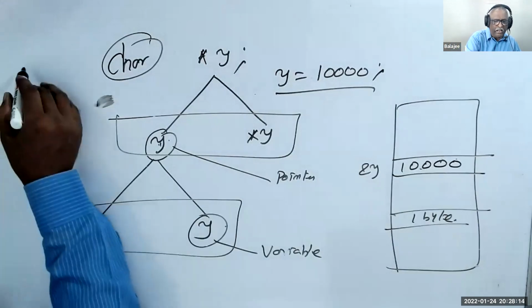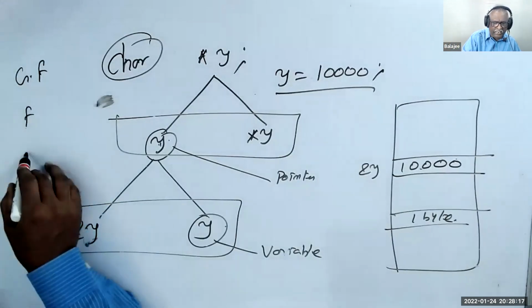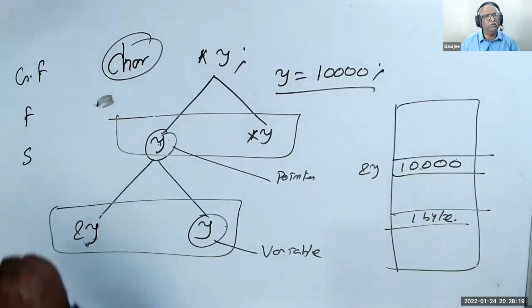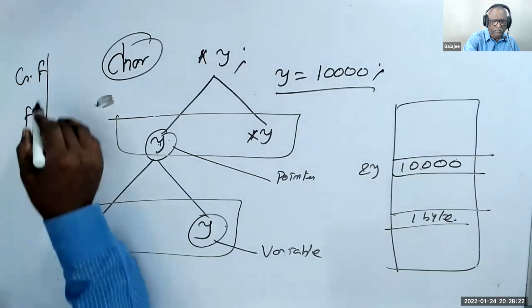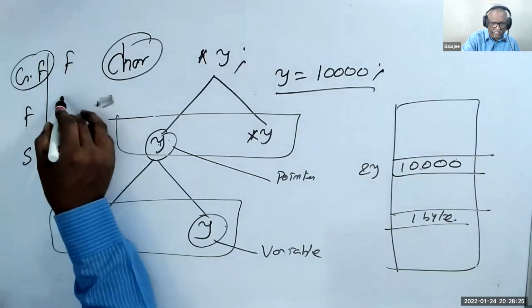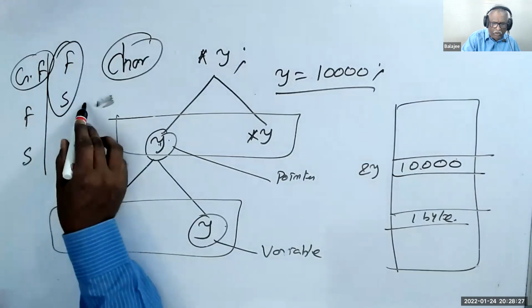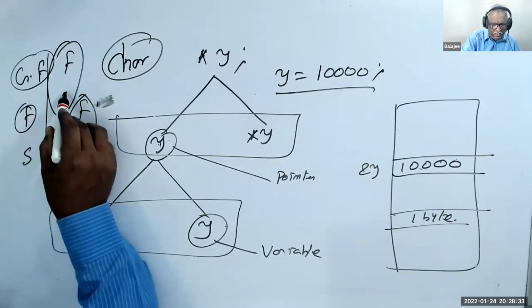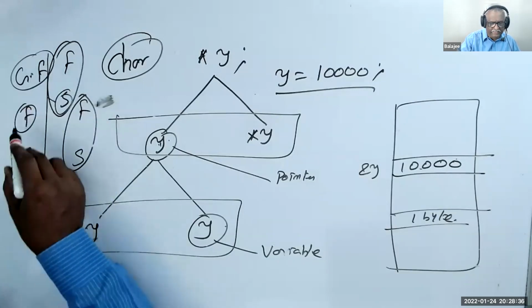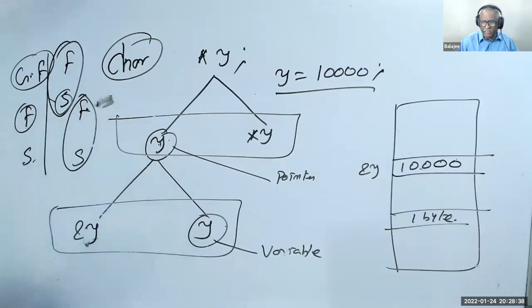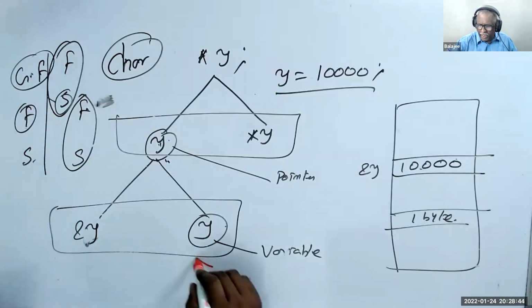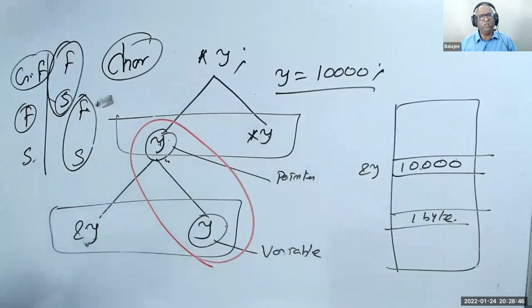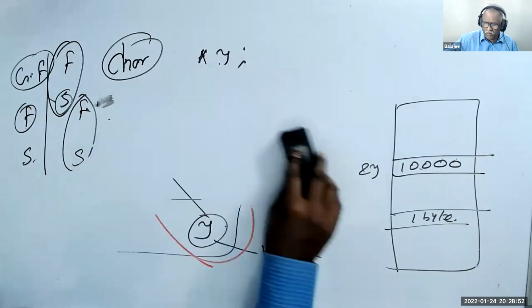Like grandfather, father, son. There were 3 people, but actually there are 4 relations. He is a father and he is a son, one relation, and he is a father, he is a son, another relation. So he acts as a son for his grandfather and as a father for the son. Like that, y has 2 meanings. The y acts as a pointer, and the y acts as a variable.